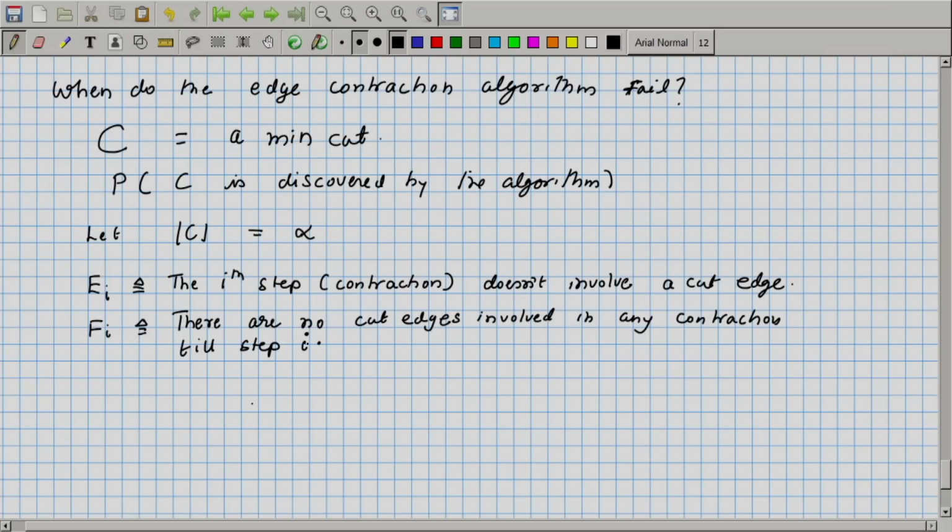Here, when I say does not involve a cut edge, I mean a cut edge in C. The same here, no cut edge in C.